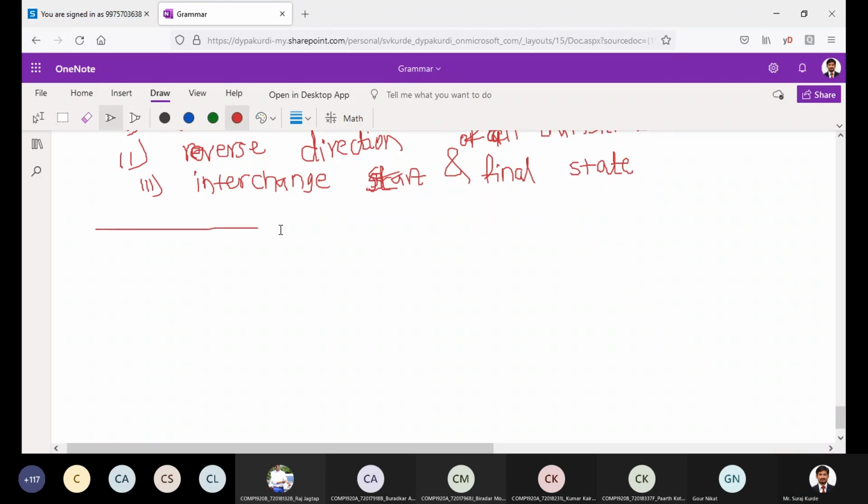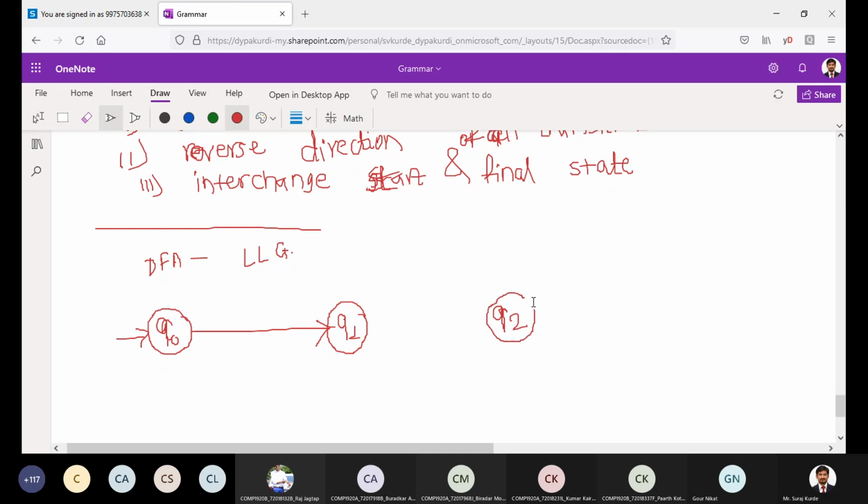Example: given DFA, write left linear grammar. Q naught is the initial state. Then Q1, Q2, so this is the final state, and let's have one more state, Q3.